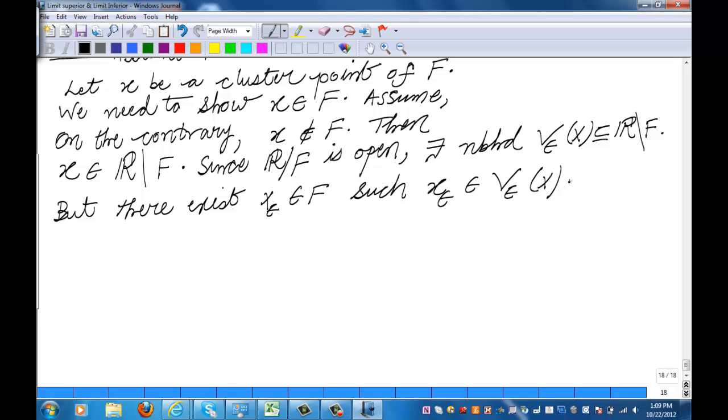All I'm trying to say is that the epsilon neighborhood of X must contain something from F, but we are saying that the epsilon neighborhood is entirely outside of F, right? So this is a contradiction. Is that making sense?